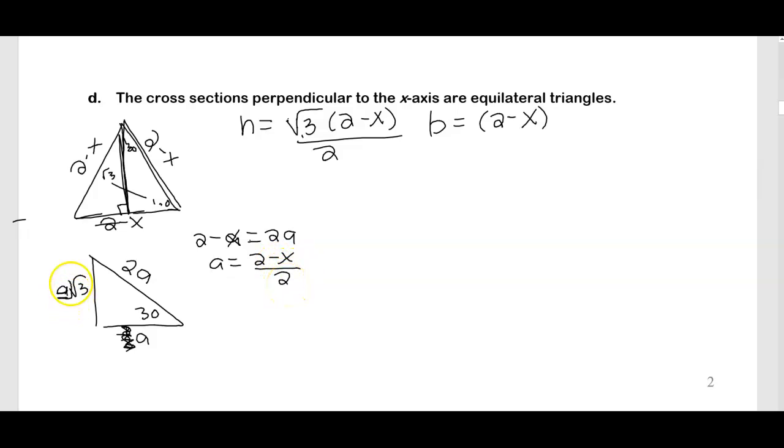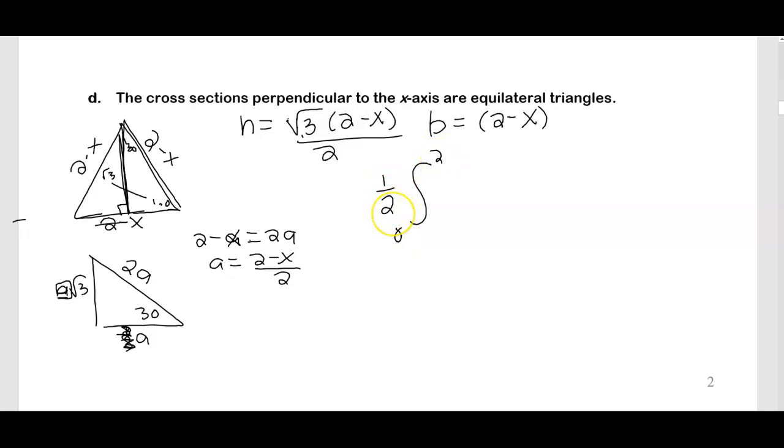And then you have to multiply this by the base. Well, I ended up with the square root of 5x squared minus 16x plus 12 over 2.